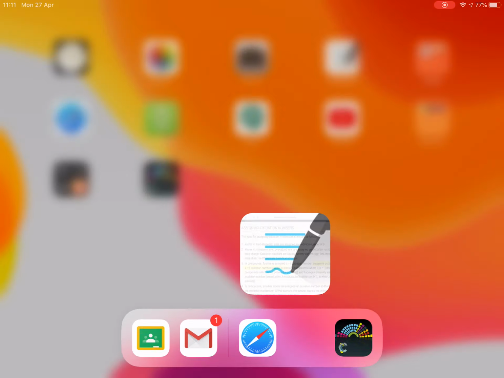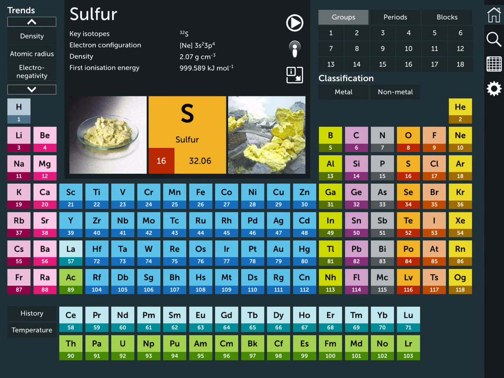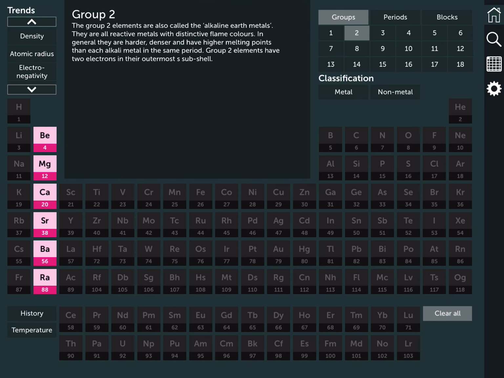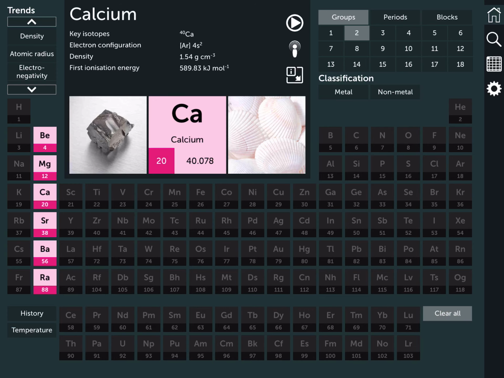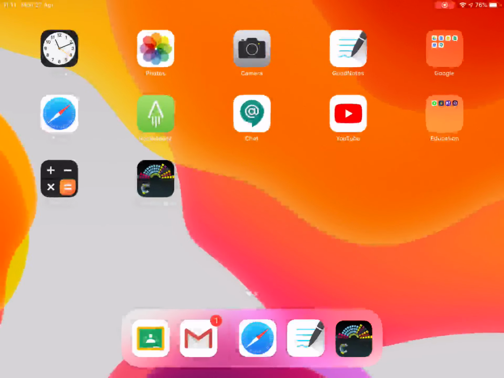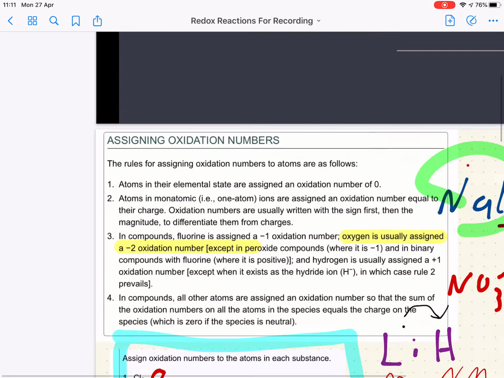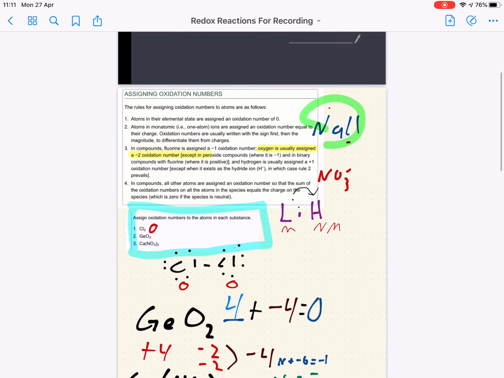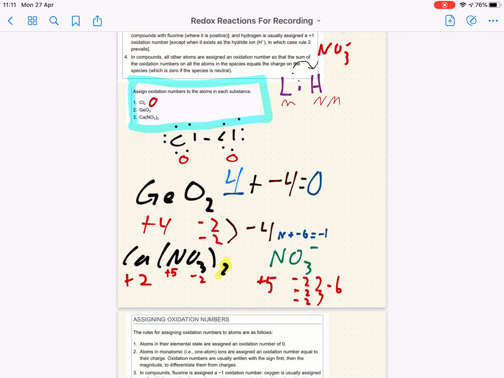And calcium is also here in group 2. There it is, number 20. And so it's going to have a +2 charge anyways. So you can use that to help you assign the oxidation number for calcium as +2.